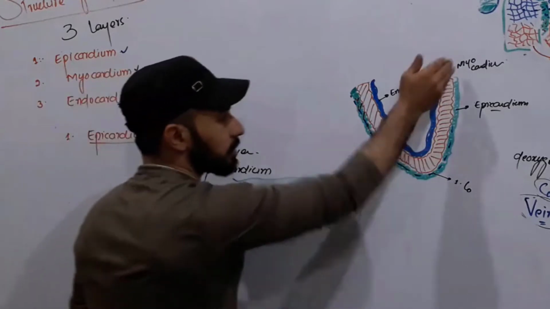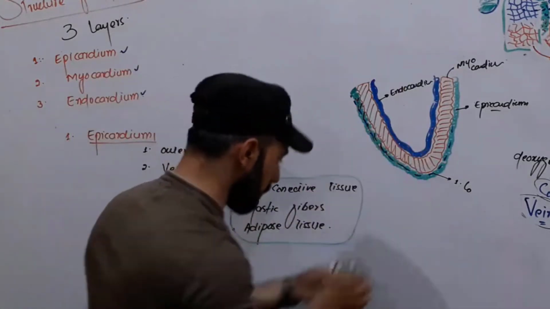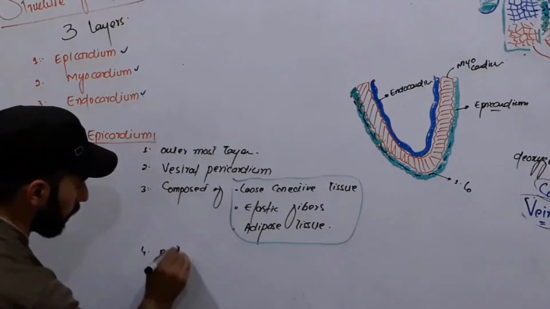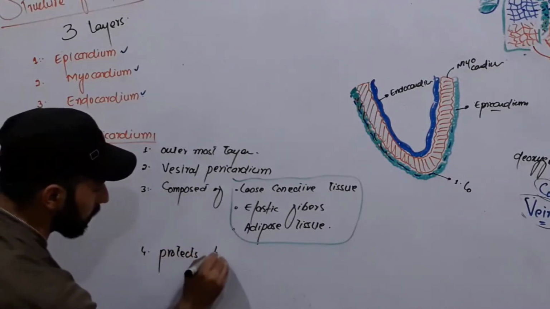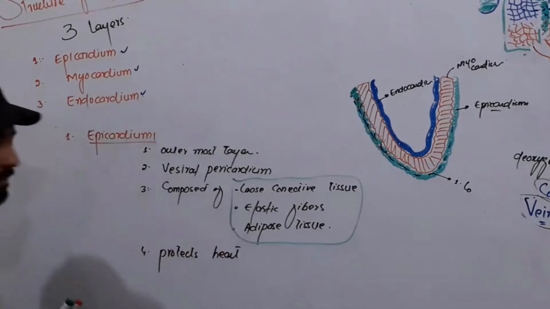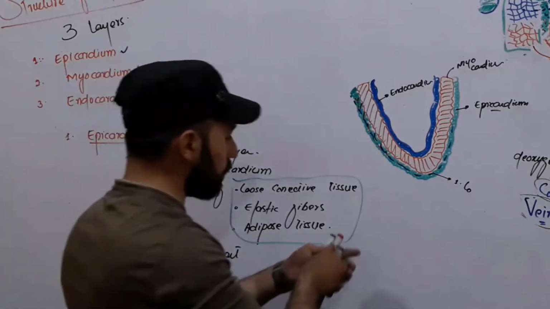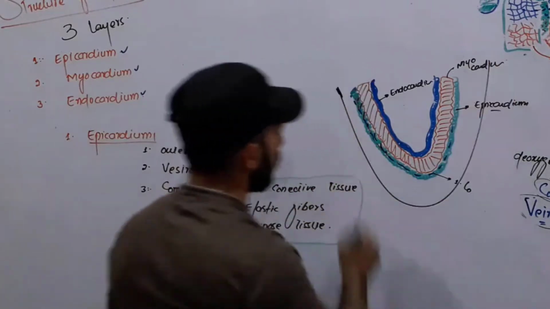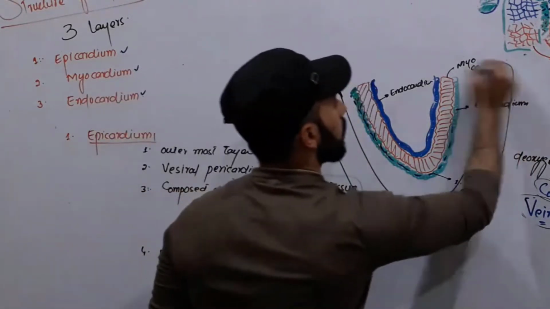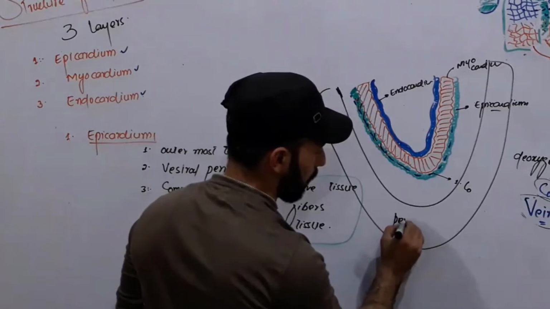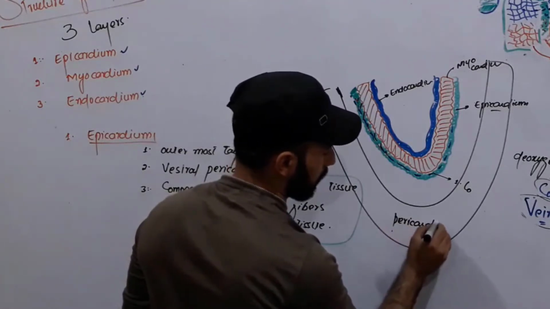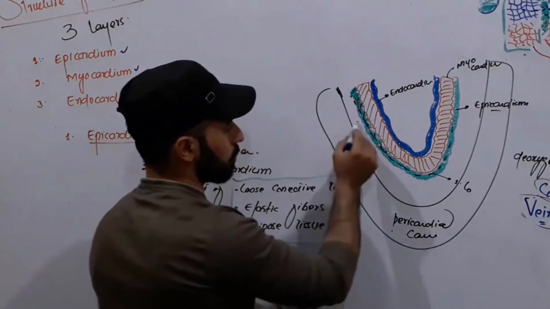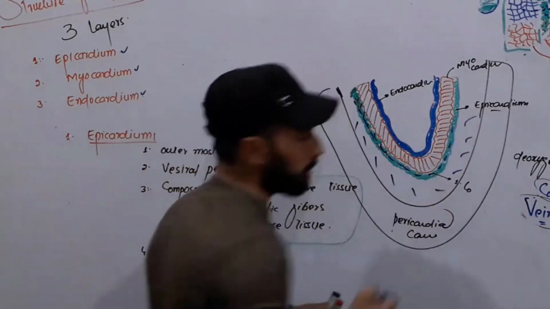What is its function? It protects the heart. As you know, here is a cavity, and this cavity is called the pericardial cavity, and here is a fluid, and this fluid is called pericardial fluid.